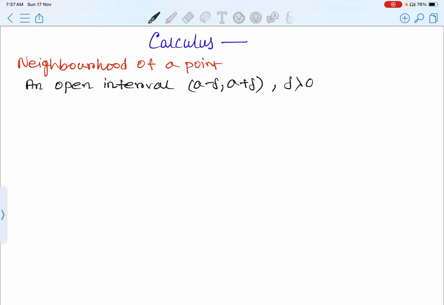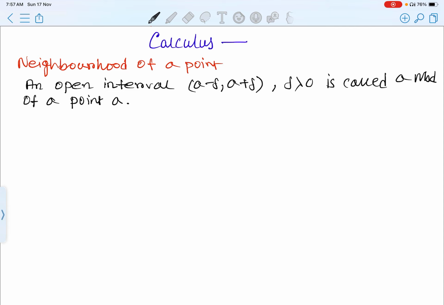Clear? Then it is called the neighborhood of a point a.